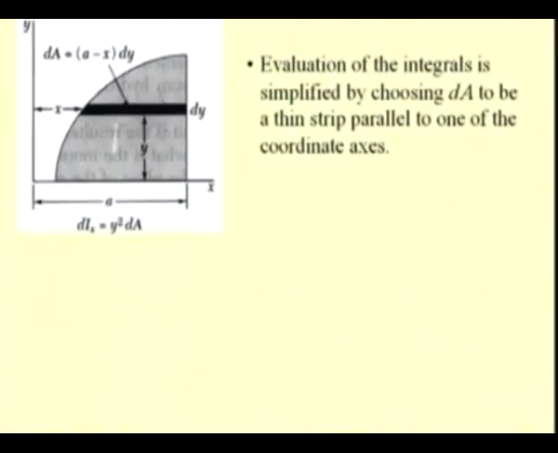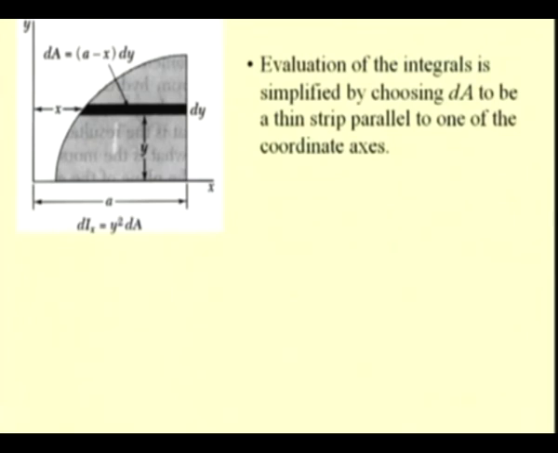So, here for the same example, we take a thin strip which is horizontal or parallel to the x axis. Now, in order to determine the second moment of this area with respect to the x axis, we define the second moment of this thin strip dIx with respect to this x axis as y square, the distance square from the axis, times dA, the area of this element.